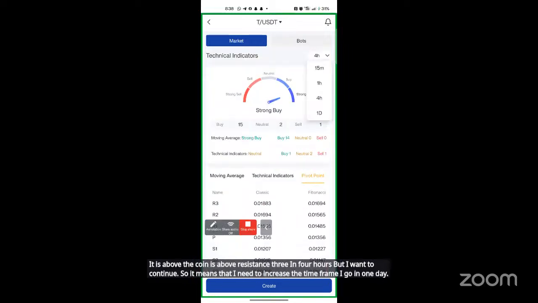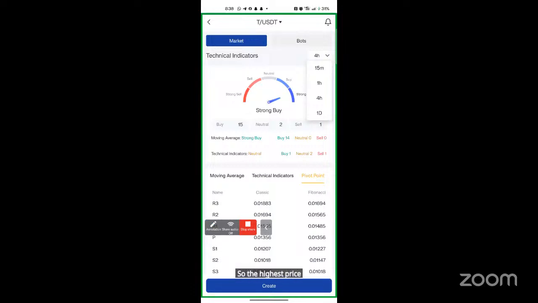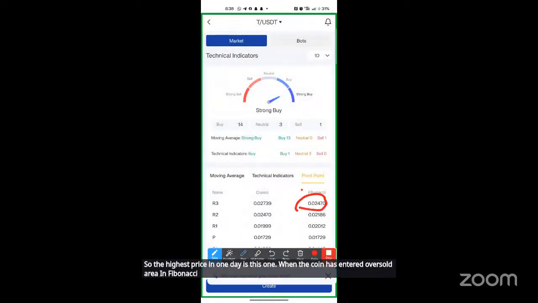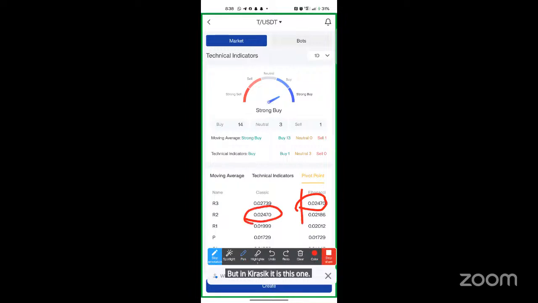So the highest price in 1 day is this one, when the coin has entered oversold area. In Fibonacci, it is that. But in classic, it is this one. So I write it down, 0.0247. Then I check the coin.